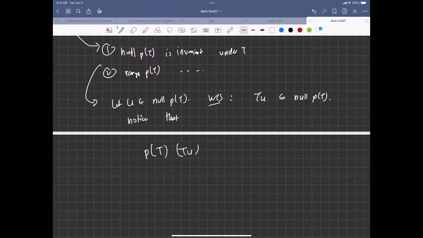We apply this operator to this vector, and in fact we can commute this operator over here, and since this is 0, T of 0 goes to 0.